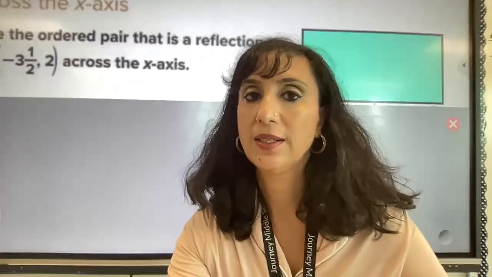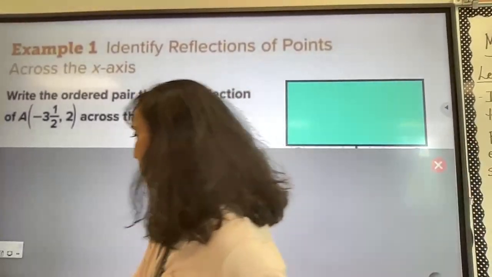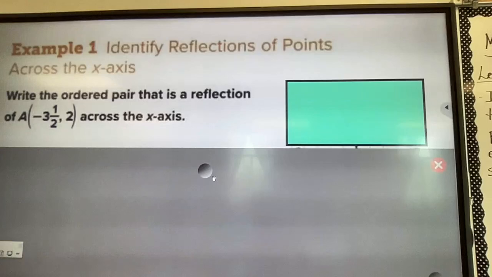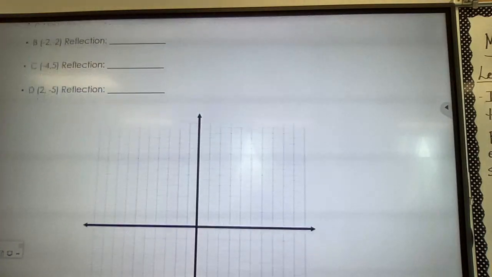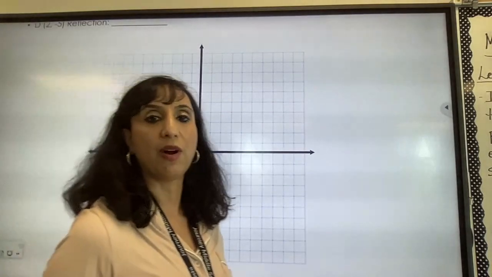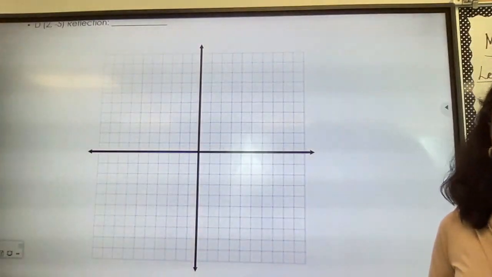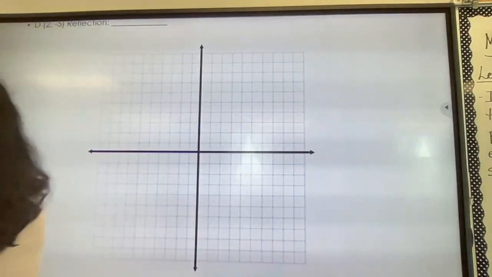Okay, so let me go to this one here, and I'm just going to show you this, and we're going to do some graphing on this and then do the reflections. So let's say I give you some points.